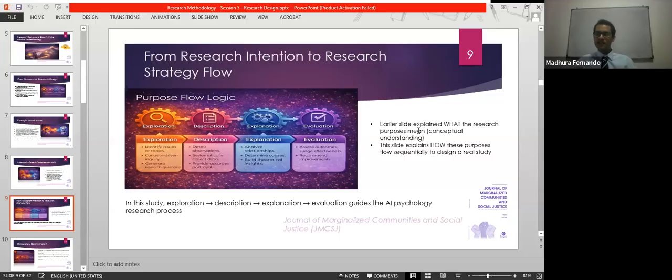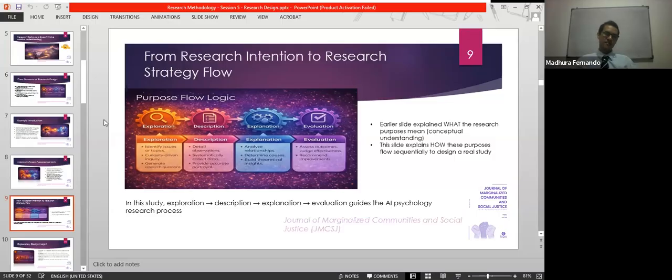Earlier slide explained what the research purpose means, conceptual understanding. This slide explains how these purposes flow sequentially to design a real research study. Okay, now it's a journey. You develop the levels of awareness.